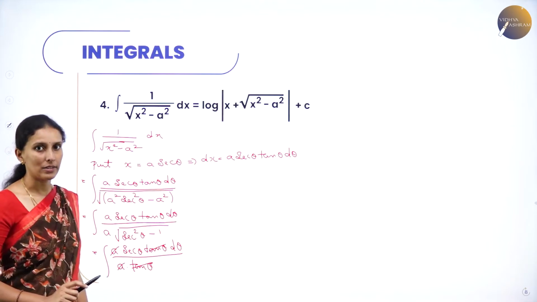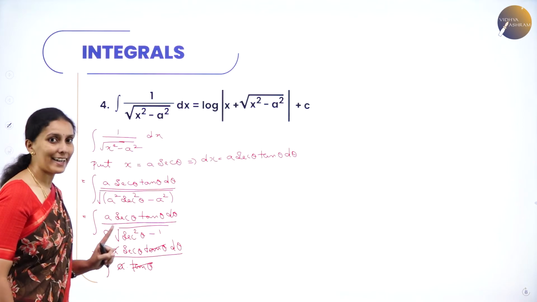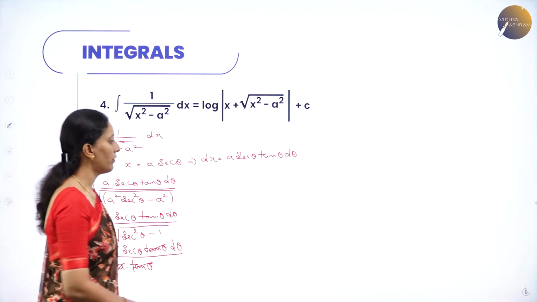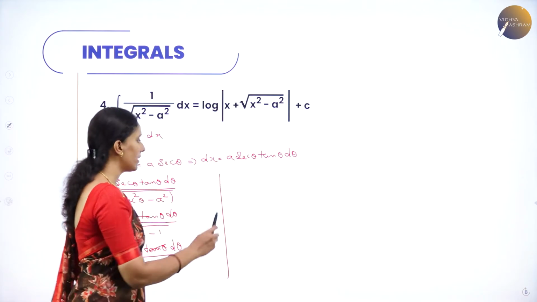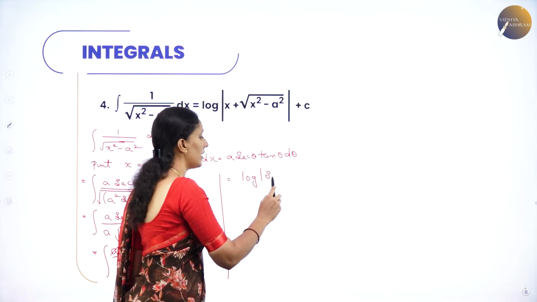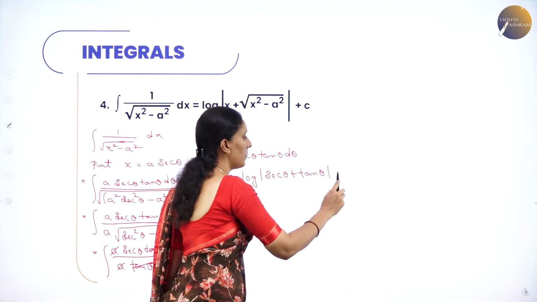A gets cancelled. Now we have learnt that the integral of secant x dx can be written as log of secant x plus tan x. So therefore here I can rewrite this as log of secant theta plus tan theta plus c.